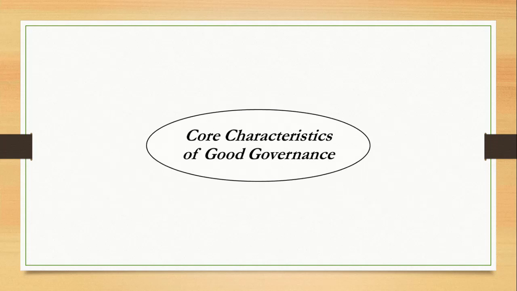So now we will discuss the core characteristics of good governance. The first one is participation. All men and women should have a voice in decision making, either directly or through legitimate intermediate institutions that represent their interests.